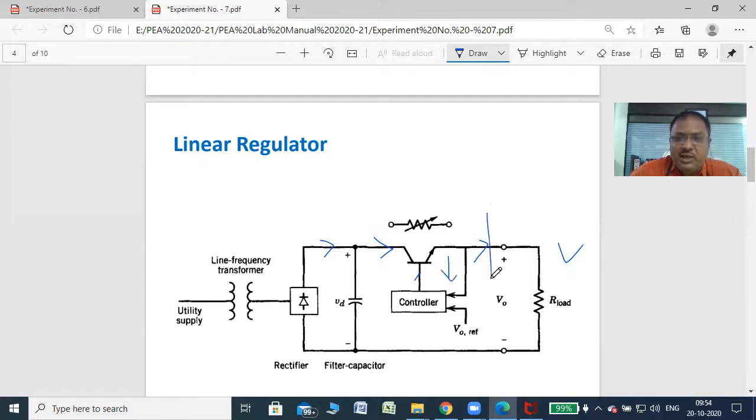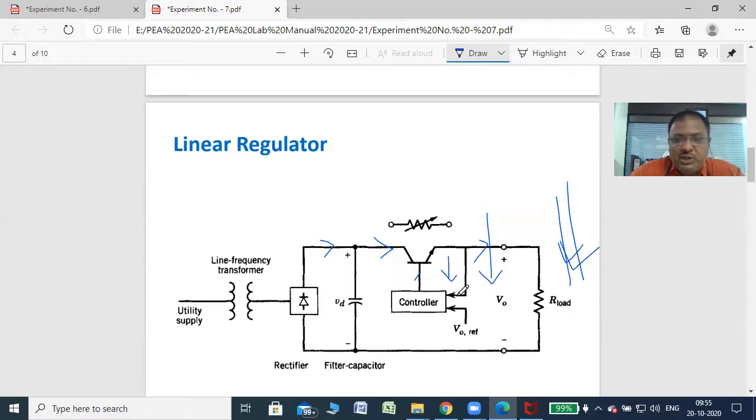If IB decreases, I also decreases. So the transistor acts as a variable resistor, and as the current decreases, the voltage remains constant. As your voltage increases or decreases, the sampling voltage changes.